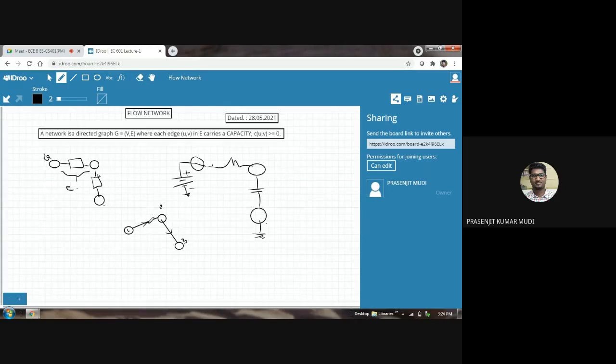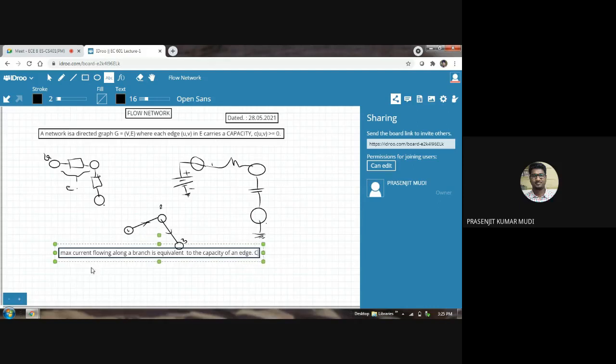So you can think that the maximum current flowing along a branch is equivalent to the capacity of an edge.